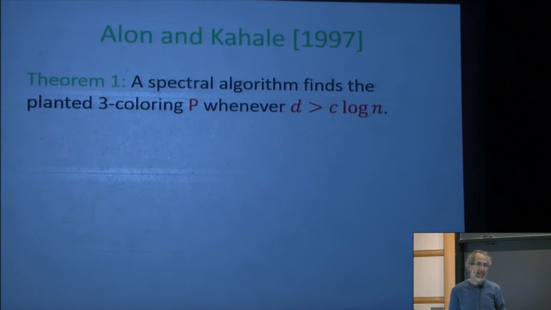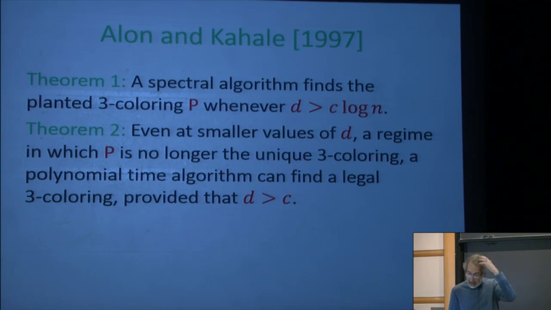At this point, the planted coloring is still the unique 3-coloring of the graph. Then they show that even at smaller values of d, where the planted coloring is no longer the unique coloring, a polynomial time algorithm that starts with a spectral approach and then does additional steps manages to legally color the graph, provided that d, the average degree you start with, is some large enough constant.